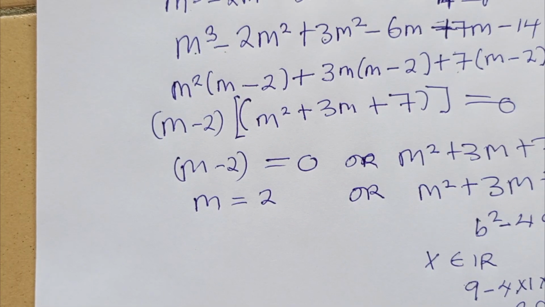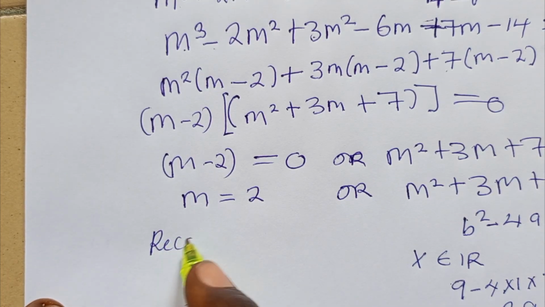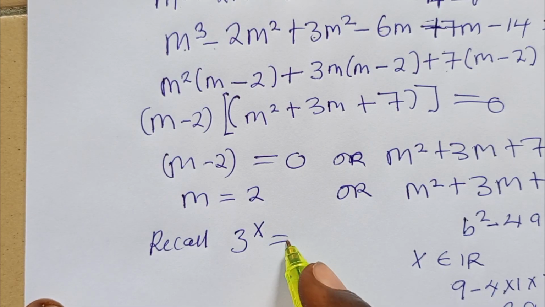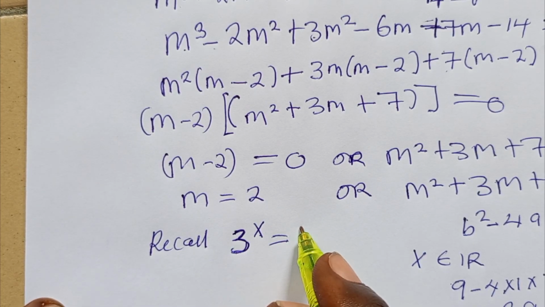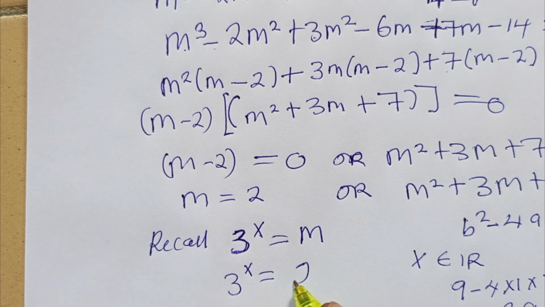So now, working with only m equals 2, recall that we made 3 to the power of x equal m. So now we have our 3 to the power of x, then we'll substitute our m, which is 2. So now we'll be solving for x.